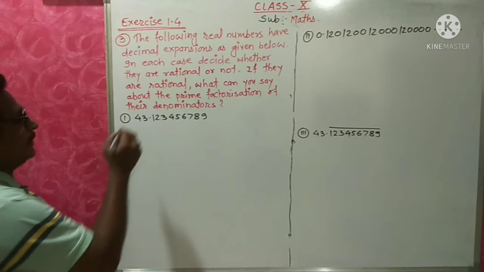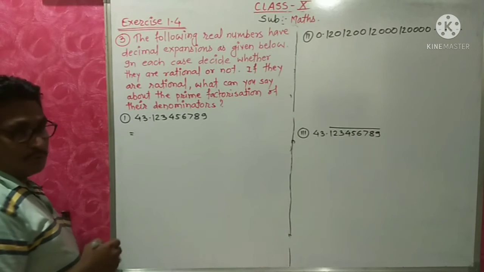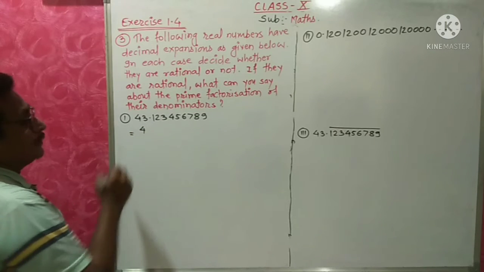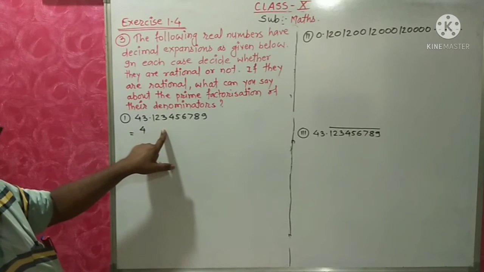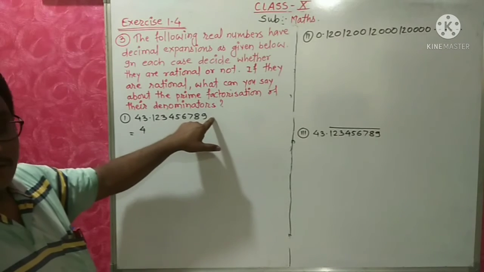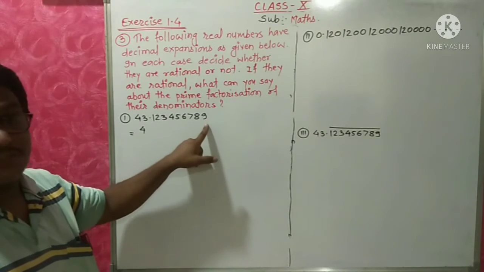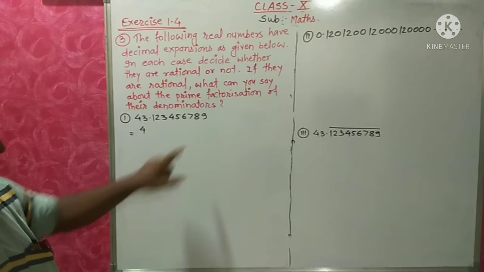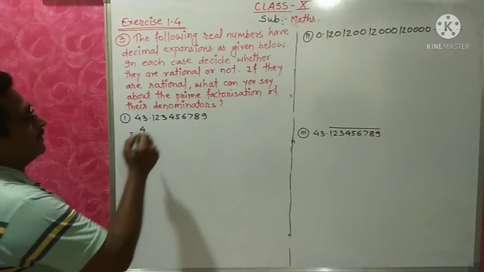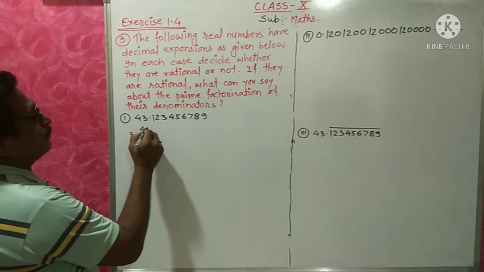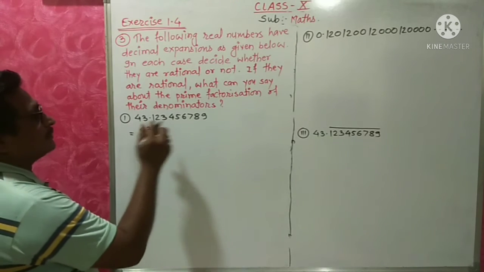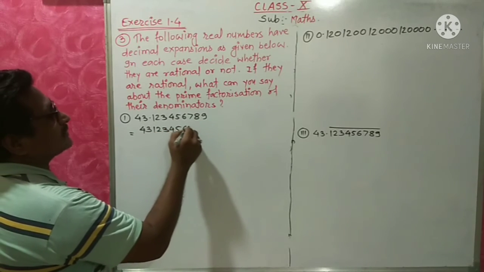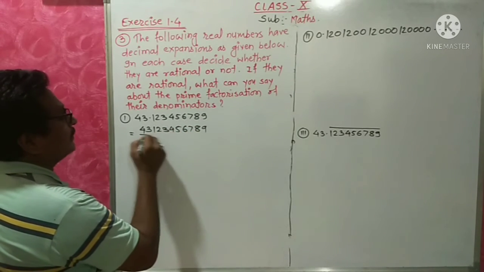So the first example, what is given? This decimal expansion here, dot dot is not there, which means it is terminating. Terminating means it is a rational number. So how is it a rational number? See, 4, 3. Now we have to write all the numbers. Remove the decimal: 4, 5, 6, 7, 8, 9.